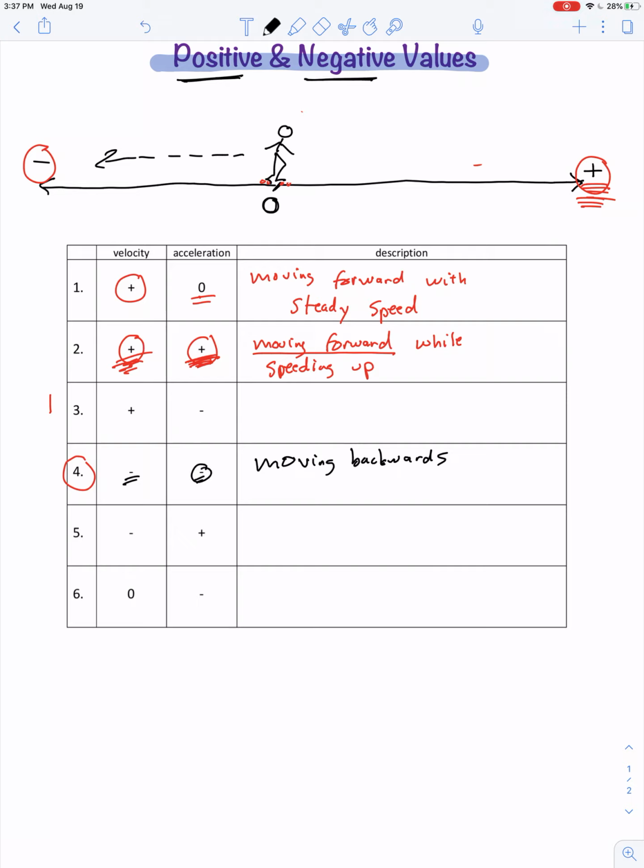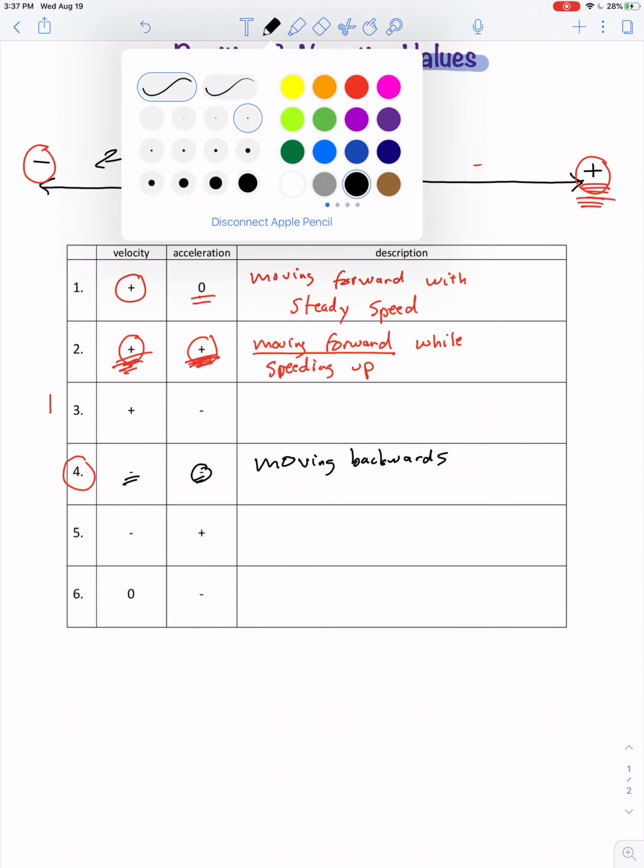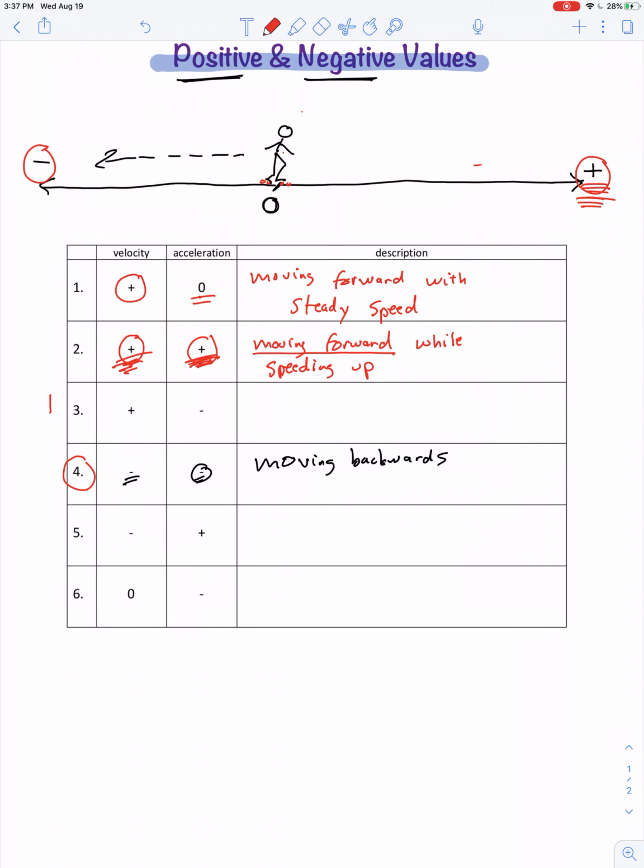No. Negative acceleration doesn't necessarily mean slowing down. A negative acceleration means there was a force applied in the negative direction. That would be like wrapping a lasso around this person and then taking that rope and pulling it in the negative direction.